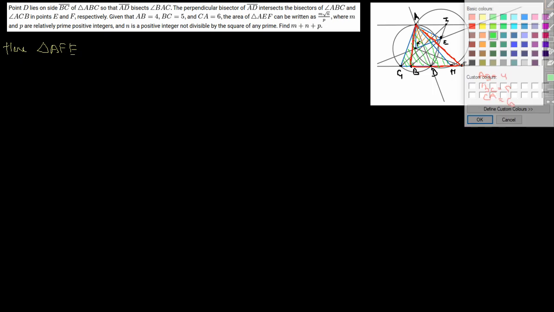These two triangles are similar, so therefore they are similar by spiral similarity at A.